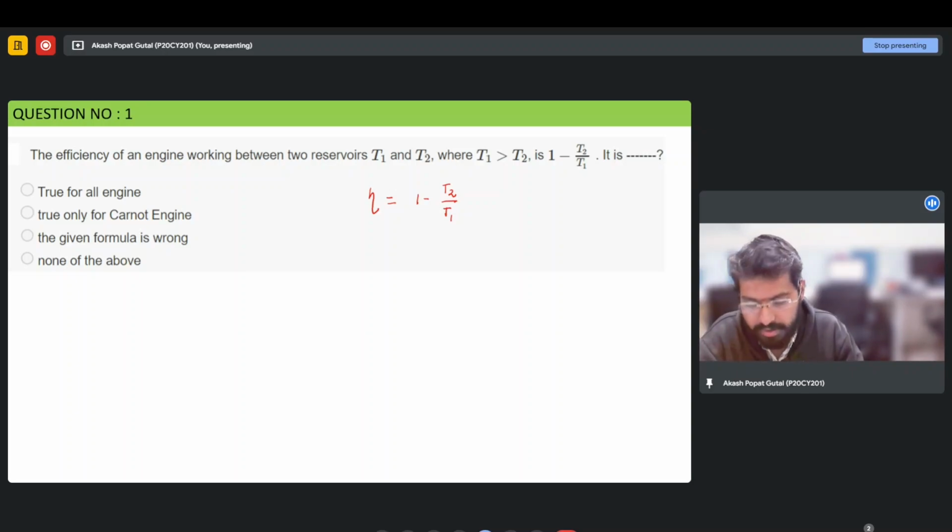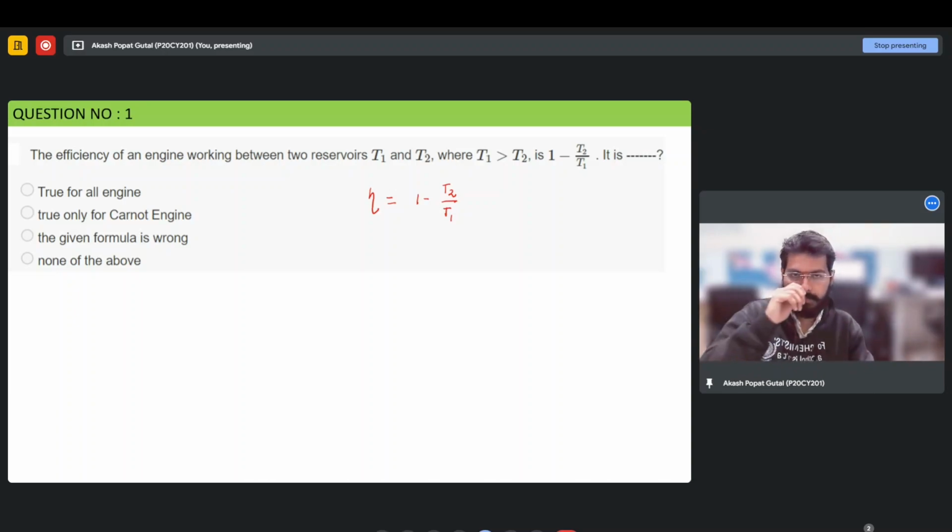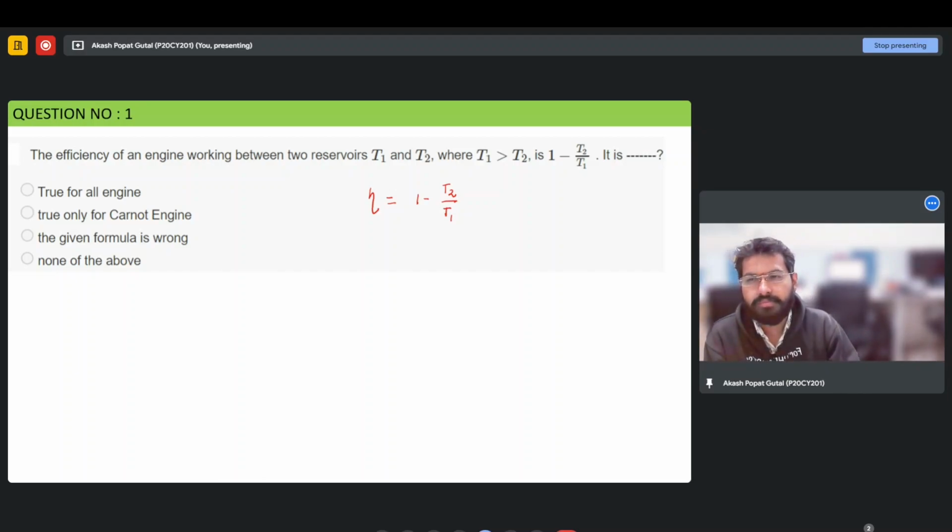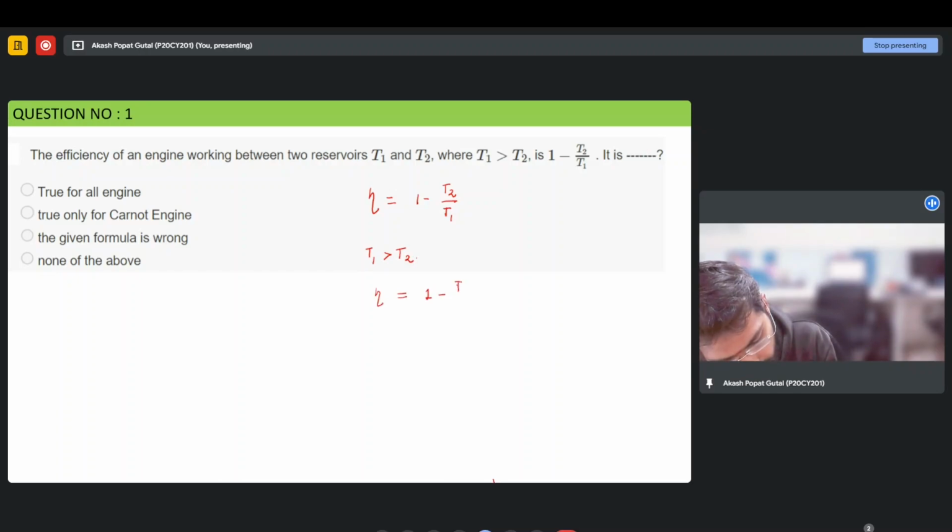We need to determine which statement is true from the given four options. So here we have T1 greater than T2, and our efficiency will come out to be 1 minus T2 by T1.